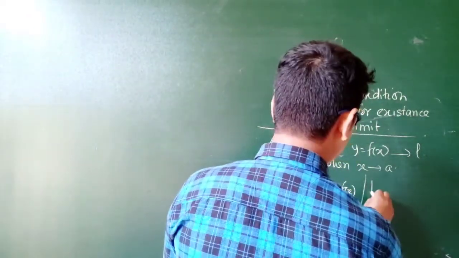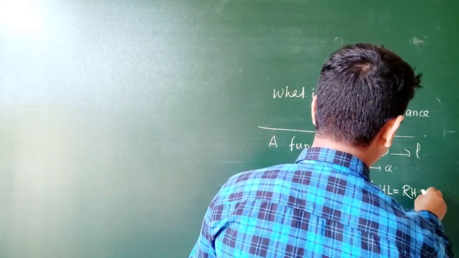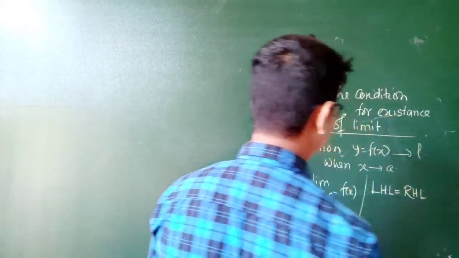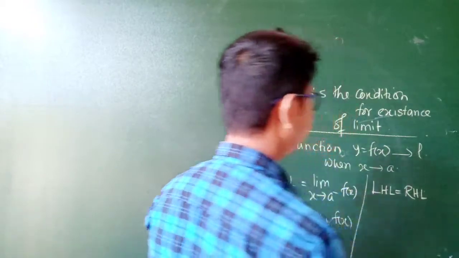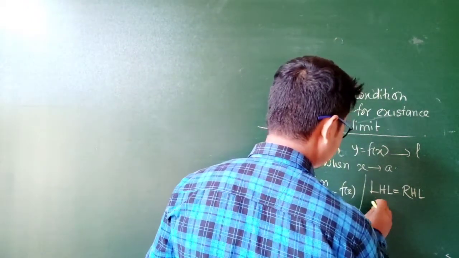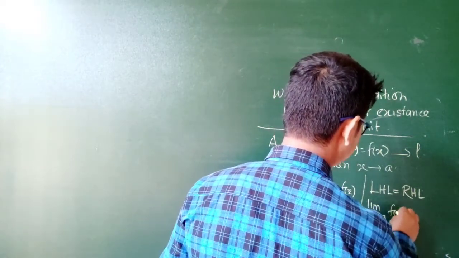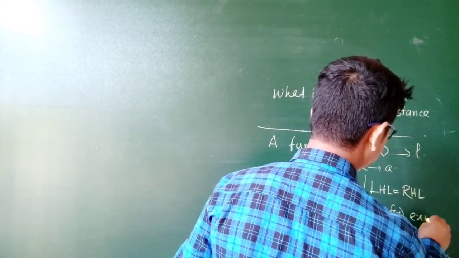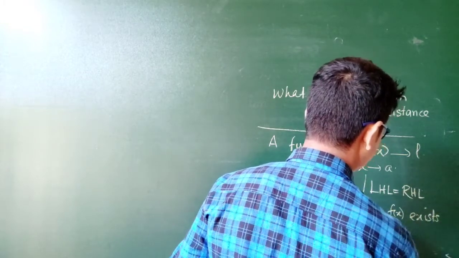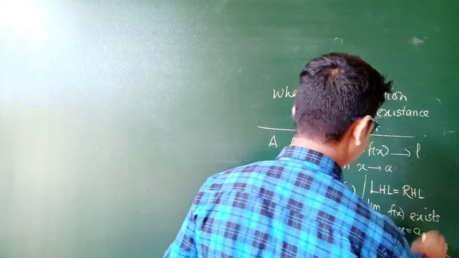So now, if left hand limit equal to right hand limit, then we can say limit x tends to a f of x exists at the point x equal to a.